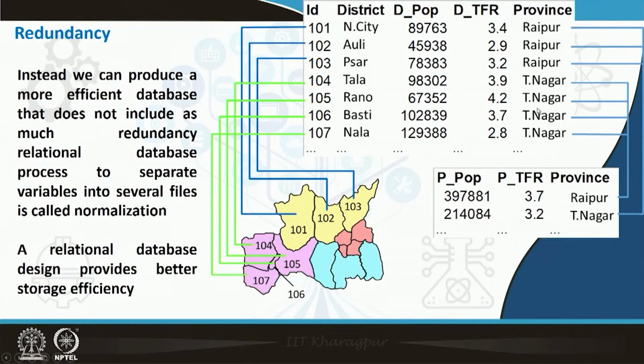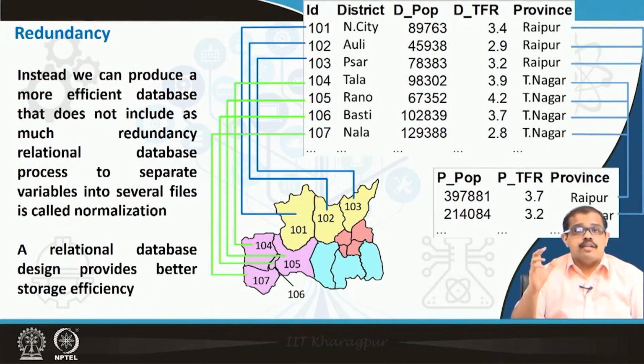So, when I connect this with relations, it becomes the same database. The only thing is that it is stored separately, so that you do not repeat it in the same database. Now, if you ask me how you remove this redundancy, it is how you do a normalization.